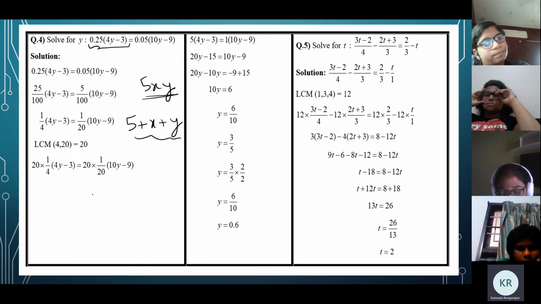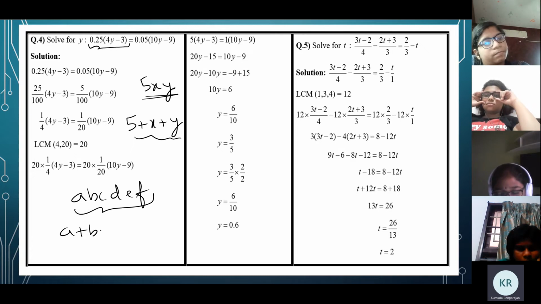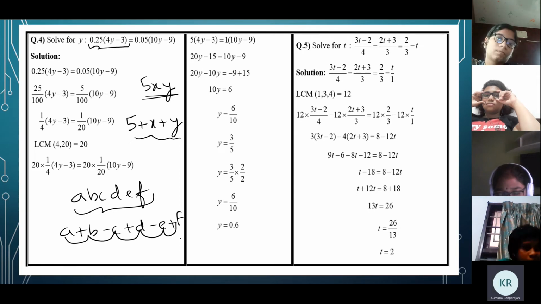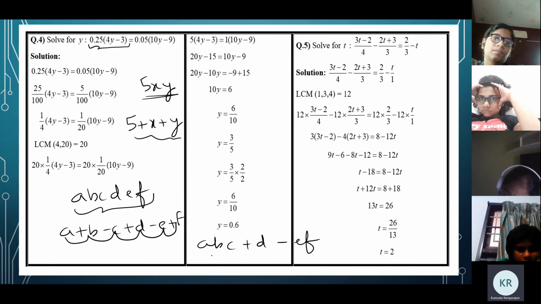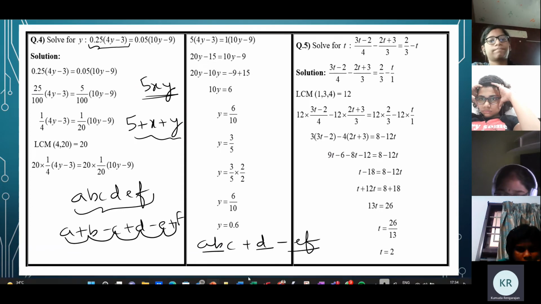So when we say A, B, C, D, E, F, this is one term. It's just one term. A plus B minus C plus D minus E plus F: 1, 2, 3, 4, 5, 6 terms. A, B, C plus D minus E, F: 1, 2, 3 terms.